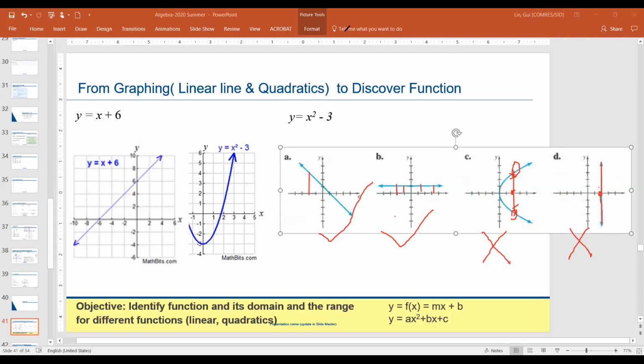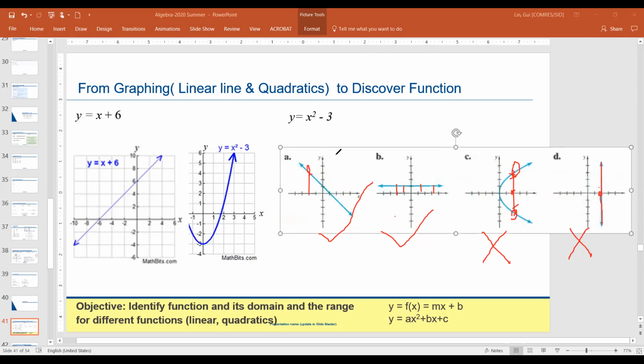All right, that's the basic information we need to be clear about: for one input x, the output is only one y. If you have multiple y's, it is not a function.